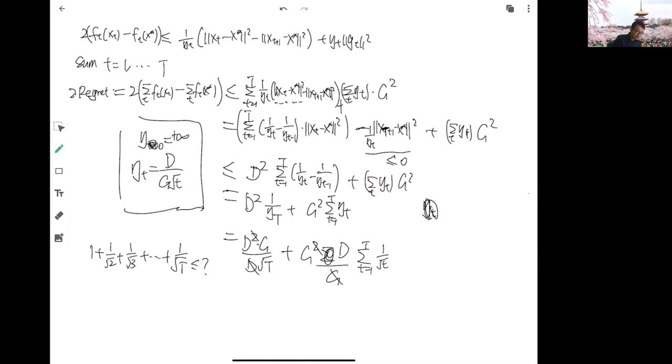Yeah, clearly this is lower bounded by T times 1 over square root of T, equal to square root of T, but how about an upper bound?